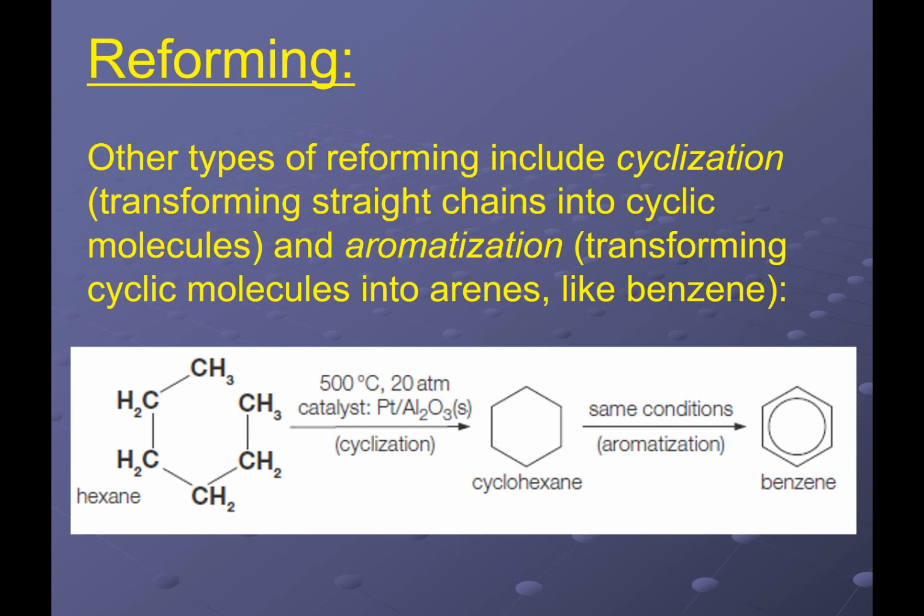Cyclization just involves forming a ring. And then if I further go to aromatization, basically forming an aromatic compound, meaning based off of benzene. So these are ways I can convert straight chain things that don't burn really well into branched things, into rings, these arene rings, to end up burning better and increasing the octane rating.